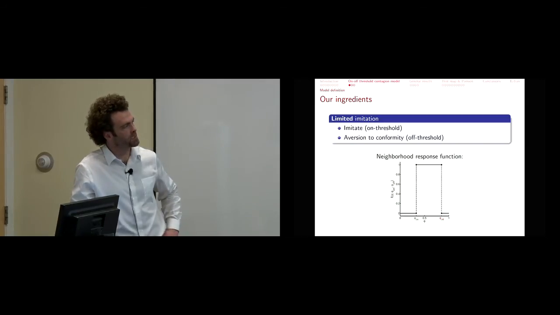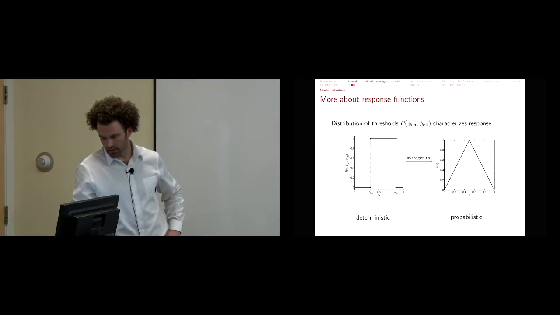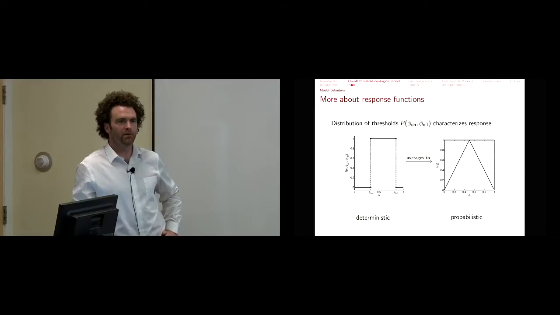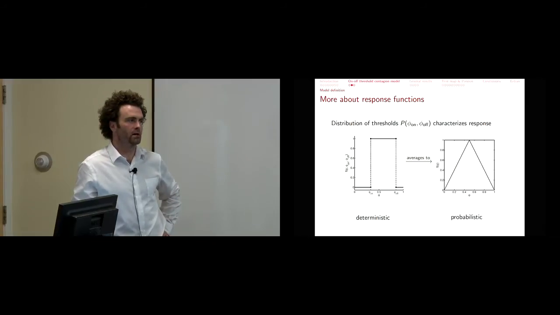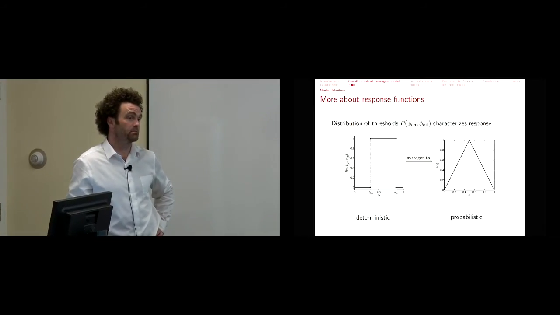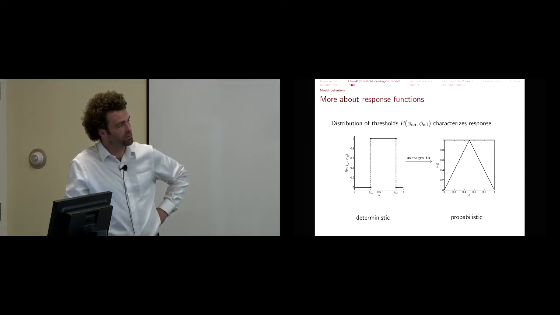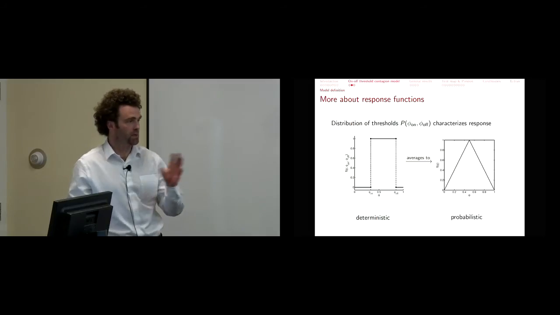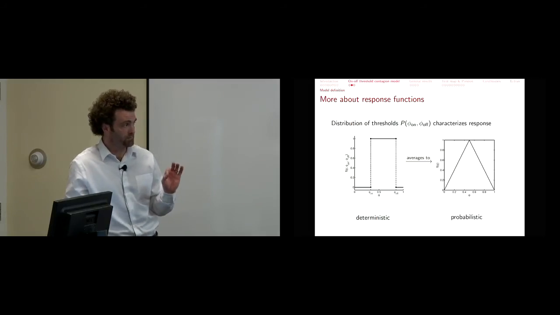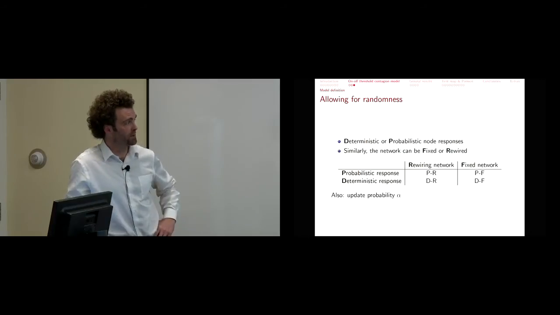One cool thing is that when you average all of these thresholds together, you get the tent map. The on threshold and off threshold average out to roughly the tent map at the population level, and we're going to be looking at individuals, but their average is the tent map.